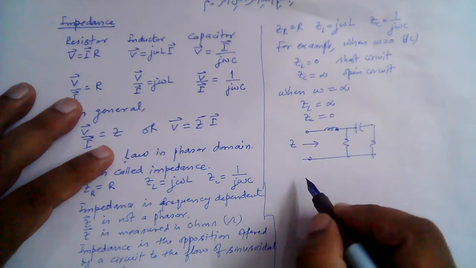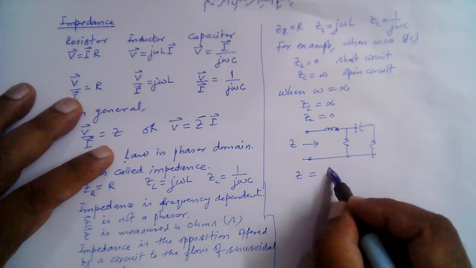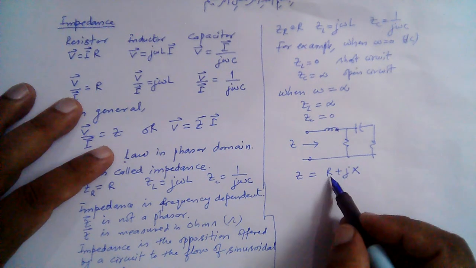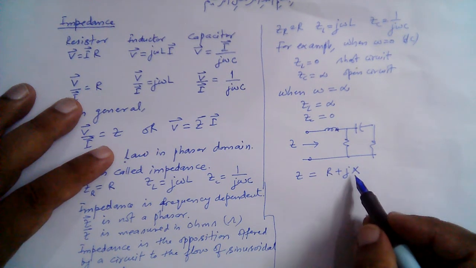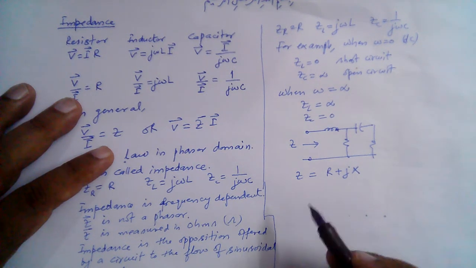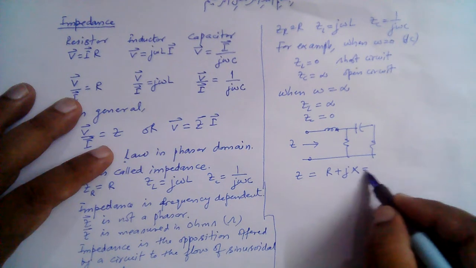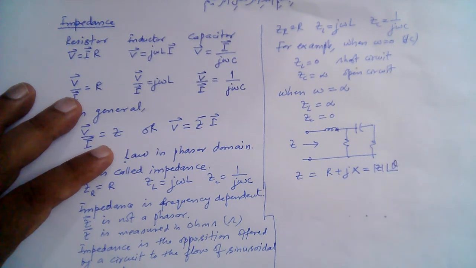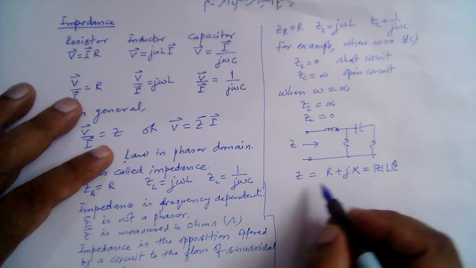It will be in the form of, for example, Z is equal to R plus jX. It will have this real component and one imaginary component. So this is a complex number. Impedance is a complex number, right? And this can be written in polar form like this. So this is the real part.